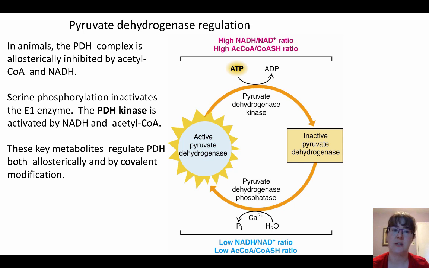So NADH and acetyl-CoA will activate a kinase to add another layer of regulation on top of this. So once NADH and acetyl-CoA activate the kinase, that will then phosphorylate the E1 portion of the pyruvate dehydrogenase complex, which inactivates the pyruvate dehydrogenase complex.